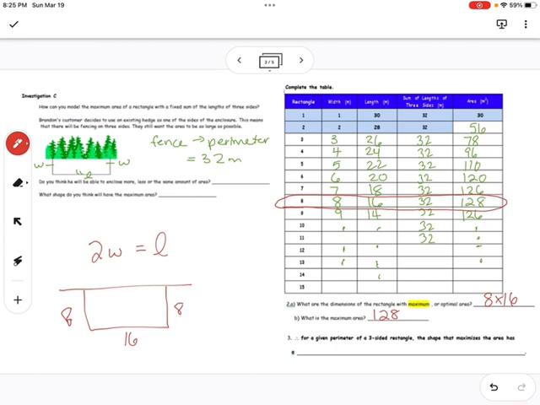So whenever we have a three-sided shape, the shape that maximizes the area has dimensions 2 times the width equals the length.